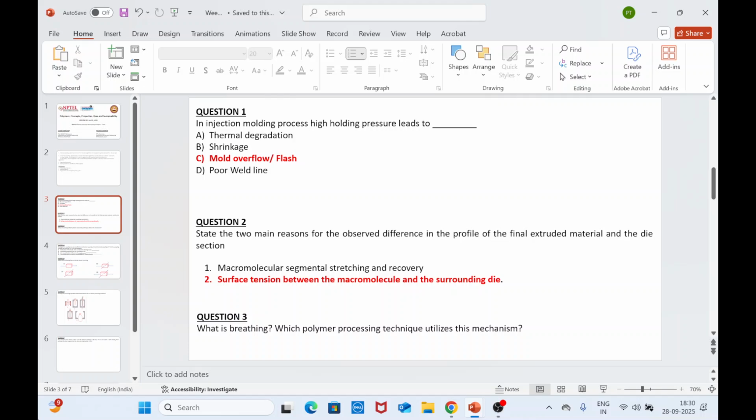So I'll give the hint, which polymer processing technique, I think that will be helpful. Compression molding usually utilizes this breathing mechanism. So what is this breathing mechanism, and why is it actually important in case of compression molding?